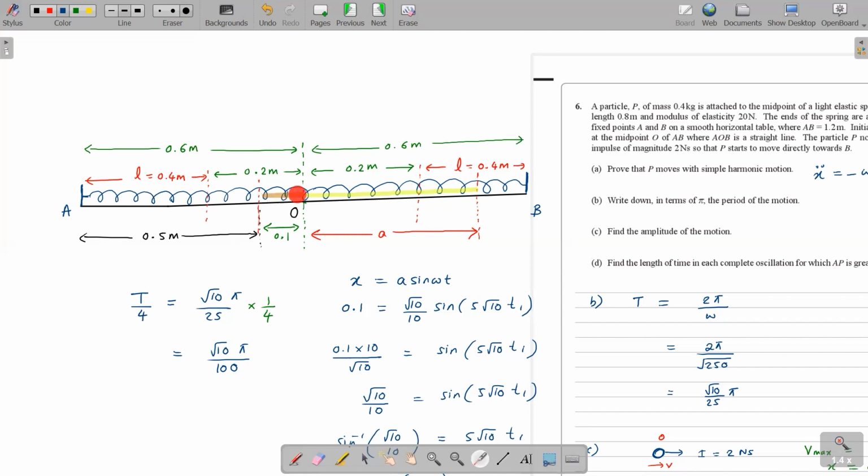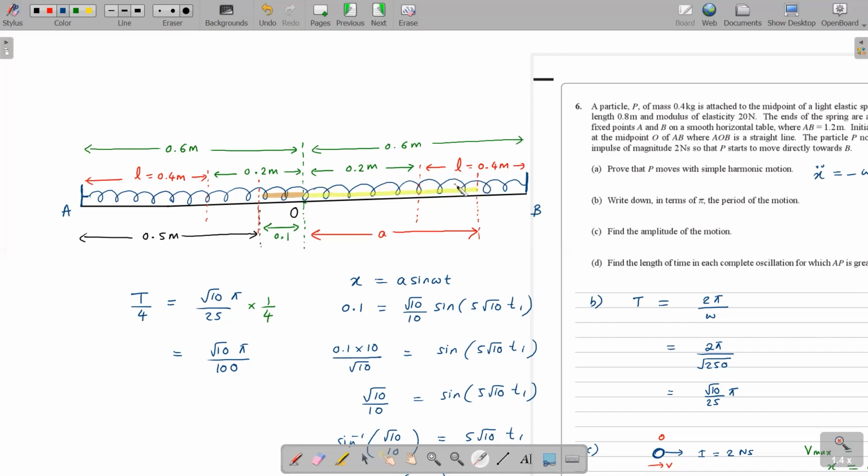So what do you think about this time duration when you come back? Will it be different, or the same as T1? From the center to this point, and from this point back to the center, the time taken is exactly the same. It's symmetric: moving 0.1 meter away from the center and coming back 0.1 meter towards the center take the same time. Then again you travel a quarter of your periodic time.